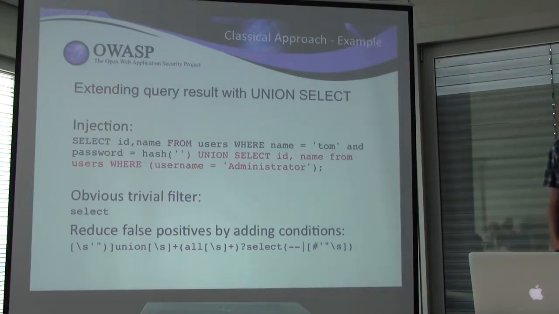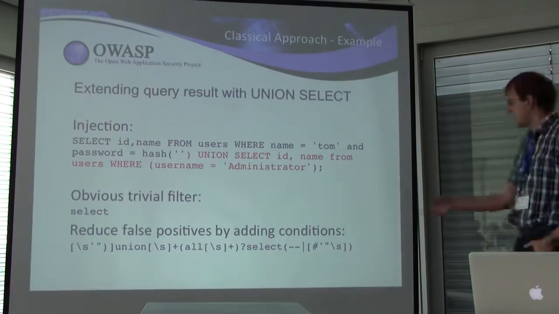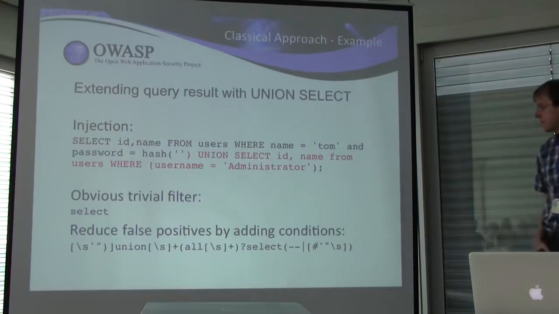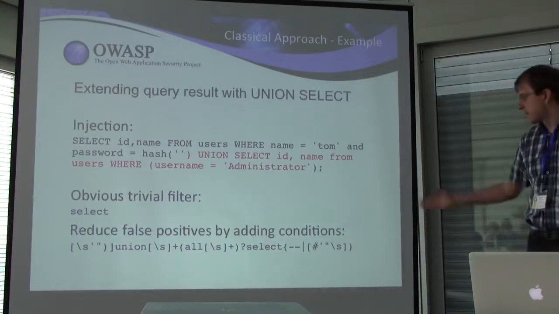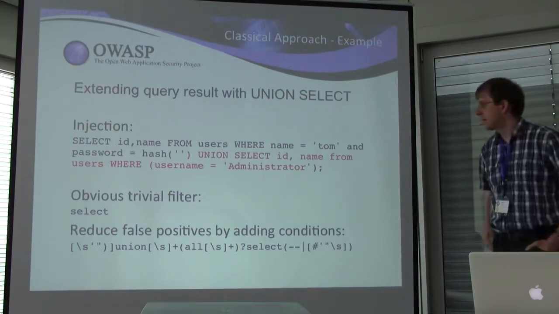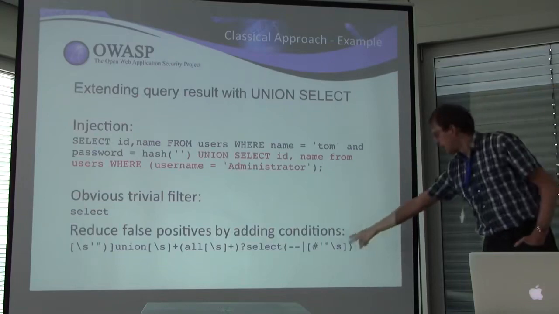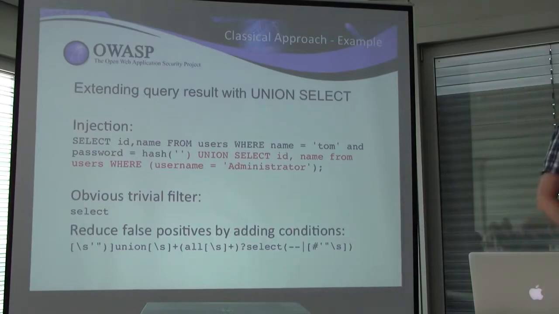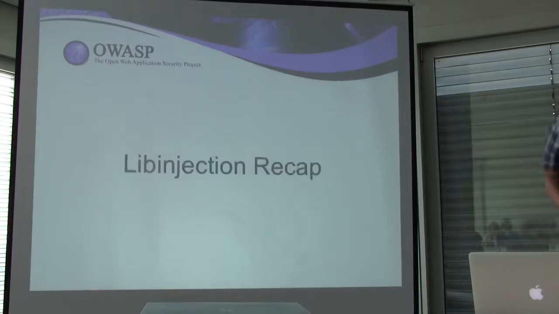An obvious trivial filter would be to block select. Unfortunately, this causes a lot of false positives. So now you have to add additional conditions. That's very dangerous. Maybe an attacker finds a way to use this condition to circumvent the filter. Nevertheless, as you see, the expression gets much more complicated, and even this one can be circumvented, for example, with different whitespaces which are not matched by \s in this PCRE.